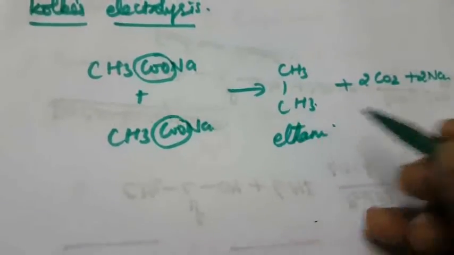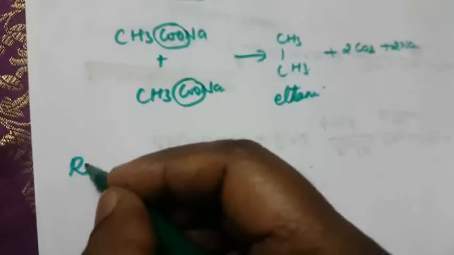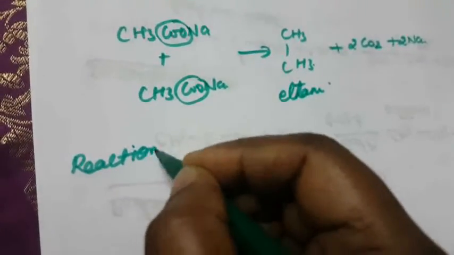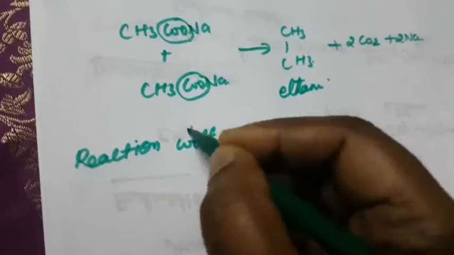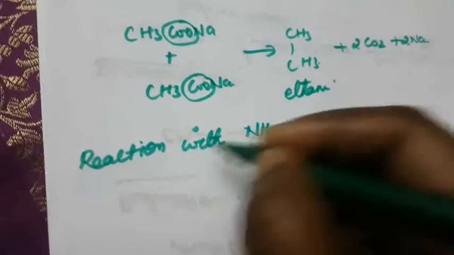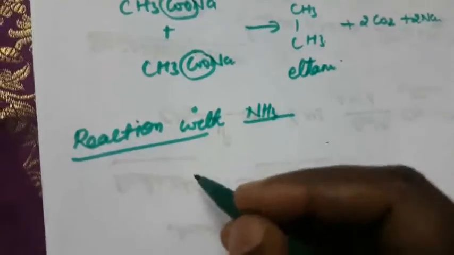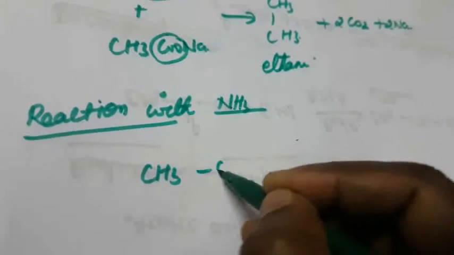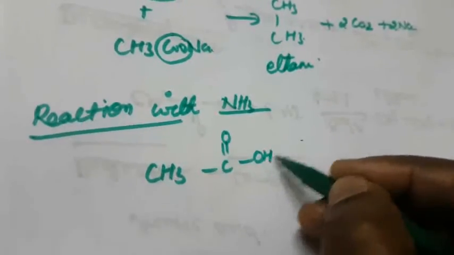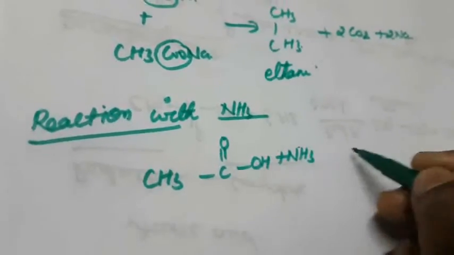Ethane. Okay, so next one is reaction with ammonia, that is NH3. Again acetic acid, CH3, C double bond O, OH plus NH3, that is ammonia.